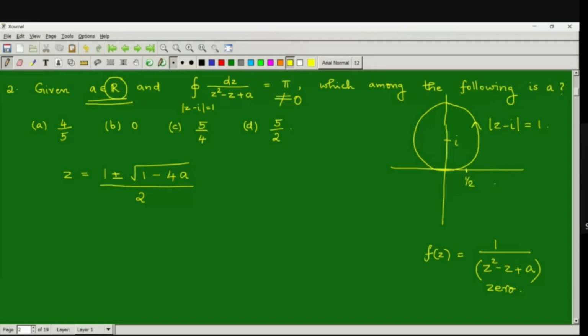Now, what is this thing? 1 by 2 plus or minus something. So if this set is entirely in the real part, then what happens? It doesn't have a 0 inside that circle. Got it? Yes. But we need a 0 inside that circle. Is there any question?